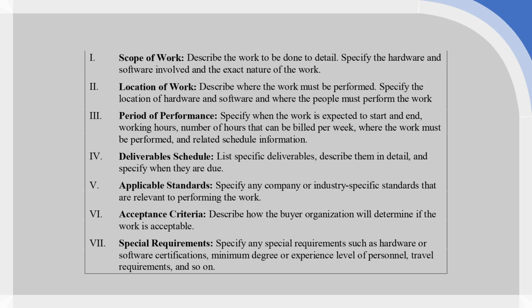Anything which gives a clear sense of what the quality standards required are. Acceptance criteria makes it very clear from very early on what defines acceptable work for this particular procurement activity. And that needs to be clearly laid out and pushed forward early on as well.